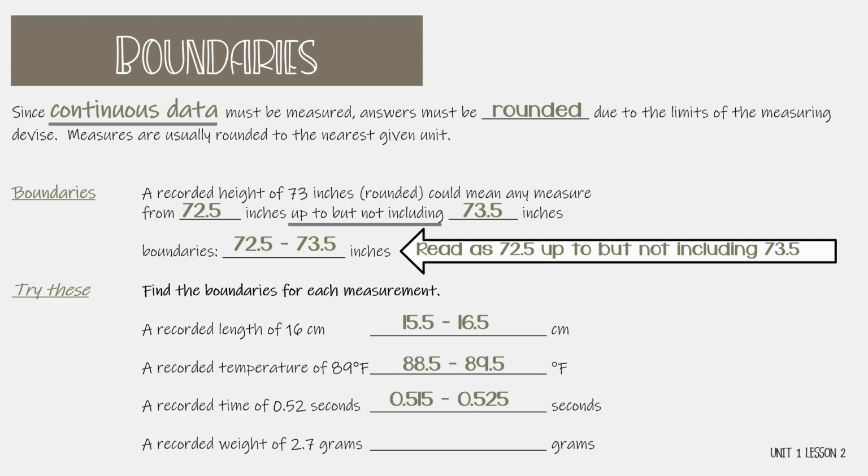Do the same thing with the next one, except now we have the decimal at the end. So we're pretty much just working with that 7 like we would a whole number. So go down to 2.65, up to but not including 2.75.